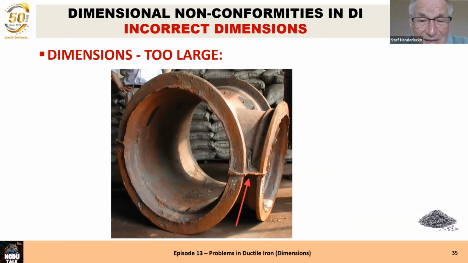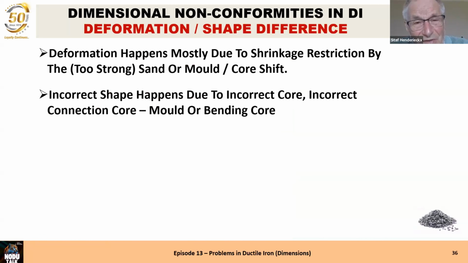In a casting like this, mostly no one says something because it's a big casting, and if there is a little bit more on one side than the other, the machining is only the flat side of the flange and not the whole inside, but it's a different dimension than what you have targeted. The deformation, the first thing, was mostly due to the split line and heat treatment.